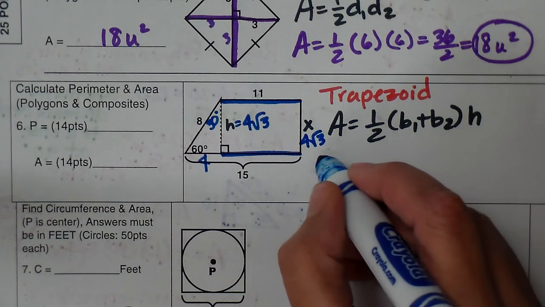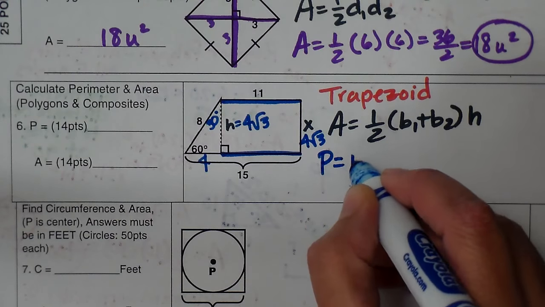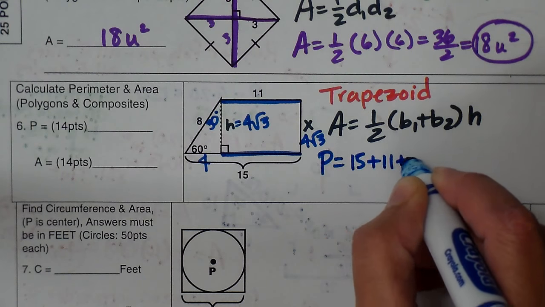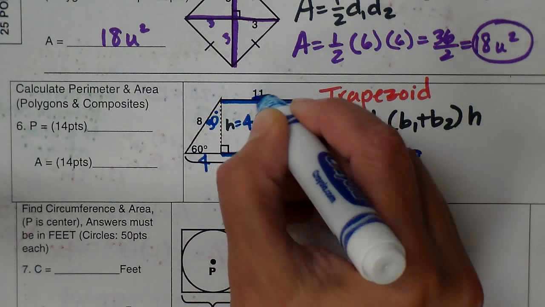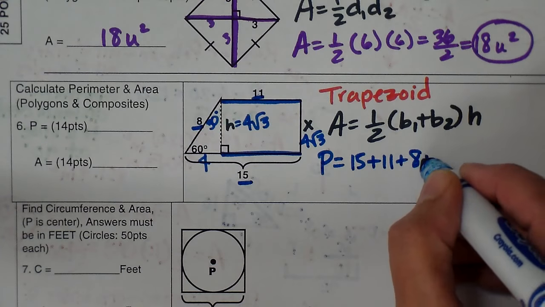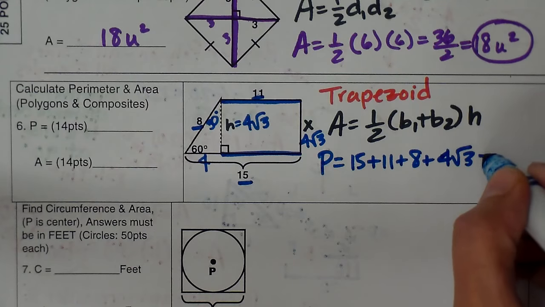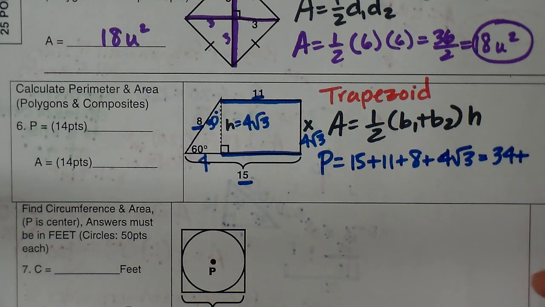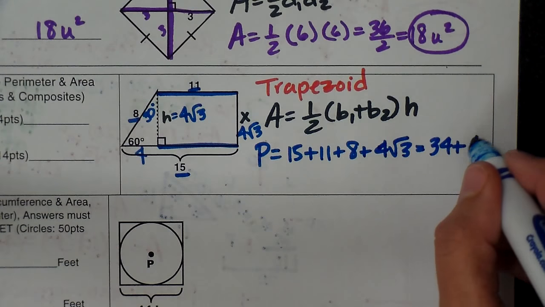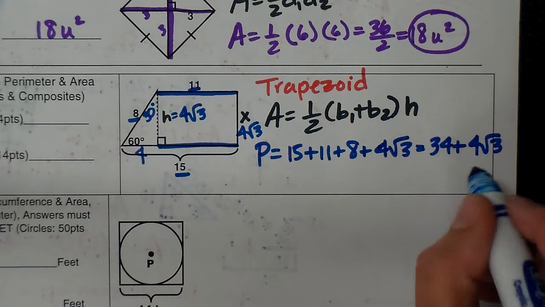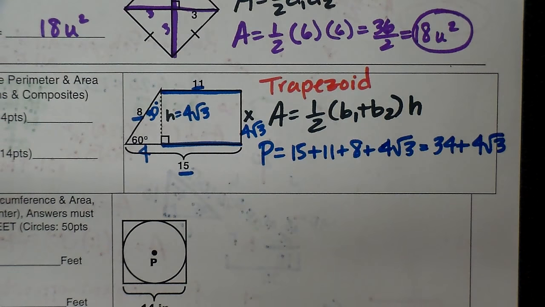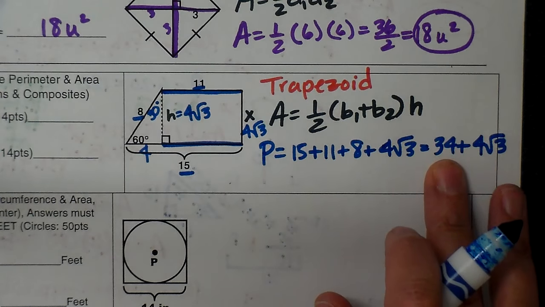So now I can do my perimeter. My perimeter is going to be 15 plus 11 plus 8 plus 4 square roots of 3. So I'm going to get 34 plus 4 square roots of 3. Now I cannot make that 38 square roots of 3. I can't combine these two.